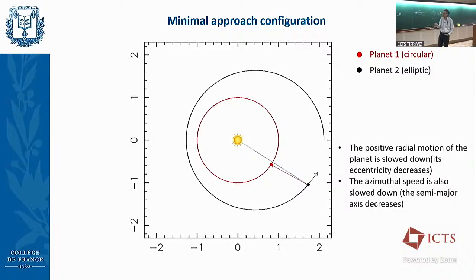On the other hand, because this force is not directed exactly towards the sun, there is a tangential component in addition to the radial component. This tangential component is in this direction, so it has a negative azimuthal component, a negative torque. So the azimuthal speed of the planet is also slowed down, which means that also the semi-major axis of the outer body has to decrease.